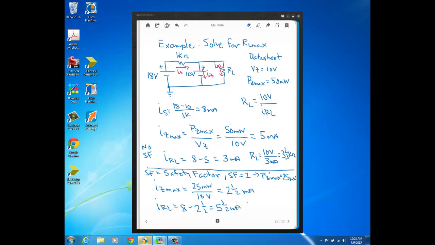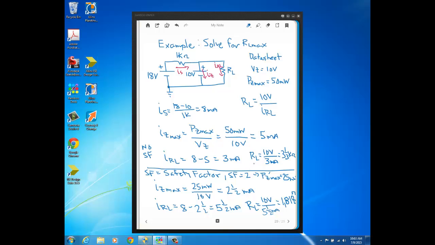And now RL will be 10 volts divided by that current, 5.5 milliamps. And this comes out to roughly 1800 ohms. Actually, it's 1818 ohms. Sorry for squeezing that in. So 1818 ohms is the new RL max.